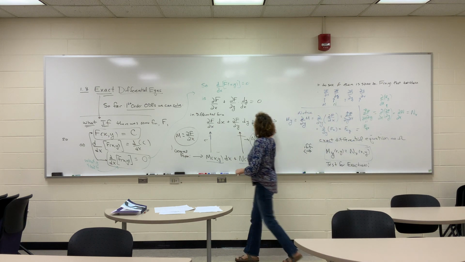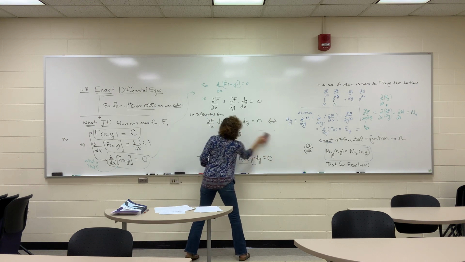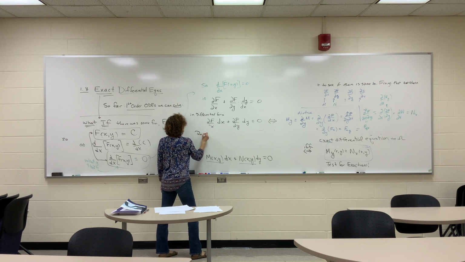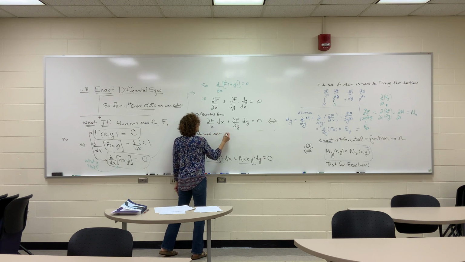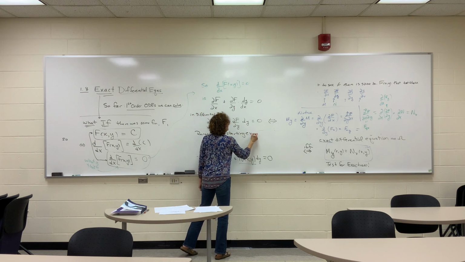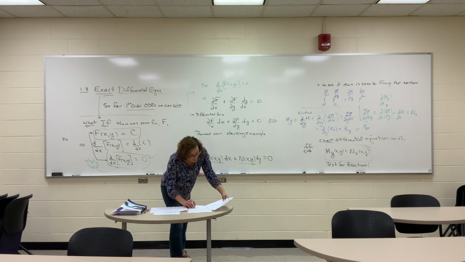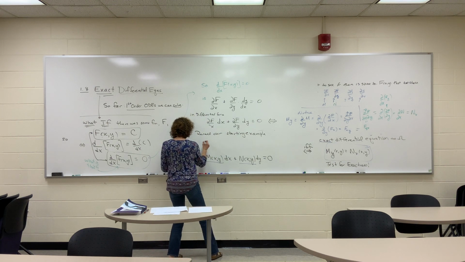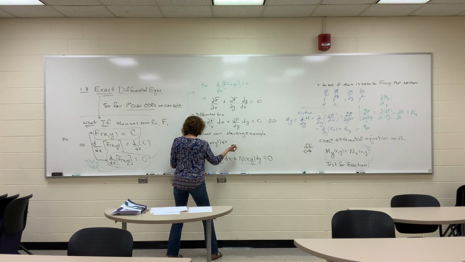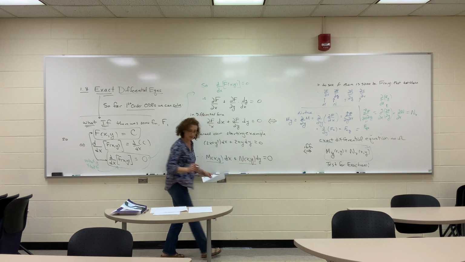So let's think back to our other problem. The one that we did. Starting example. What was it? We wrote it as 2x plus y squared dx plus 2xy dy is equal to 0.